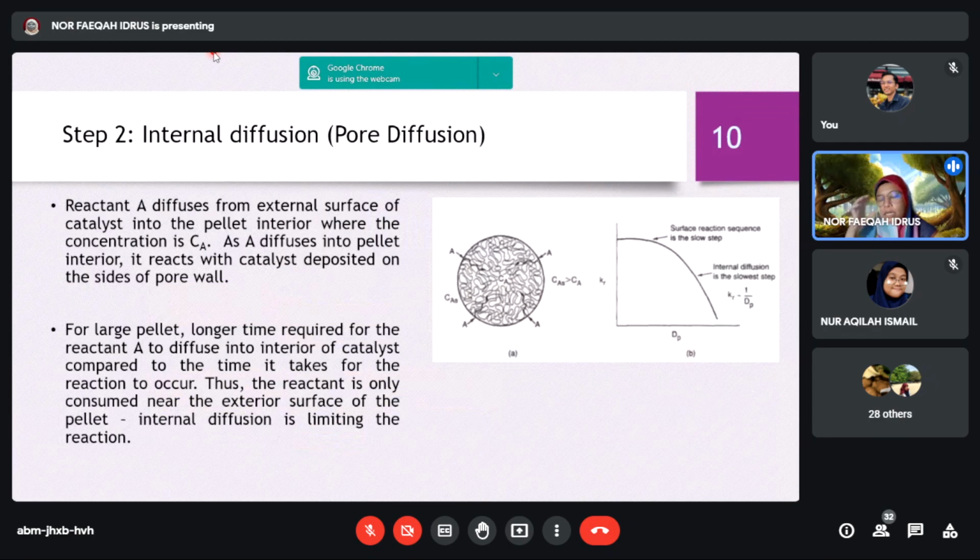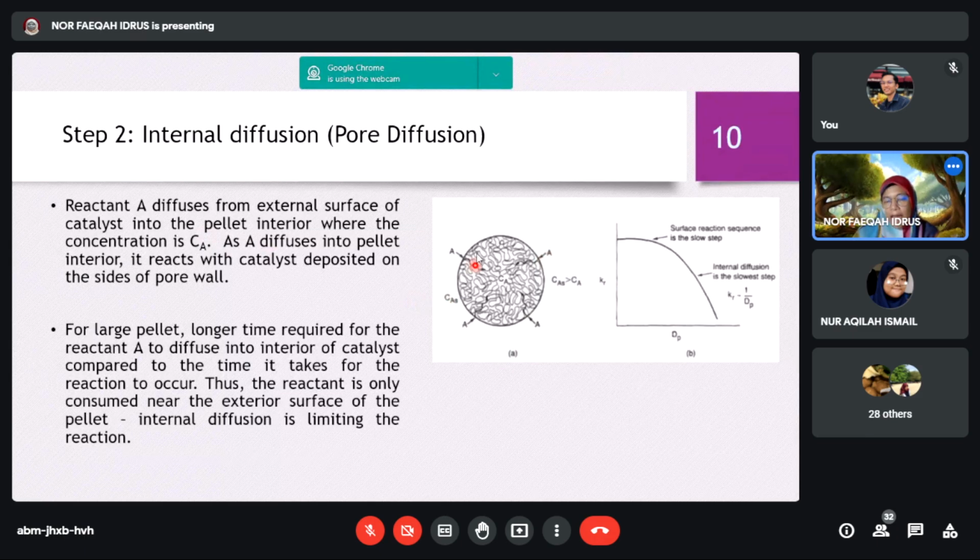Now we look at step 2, internal diffusion or pore diffusion from the external surface to the interior surface of catalyst via pore mouth. Okay, so how does the pore diffusion occur? Reactant A diffuses from the external surface of catalyst into the pellet interior where the concentration is CA. So tadi at the external surface, the concentration is CAS.